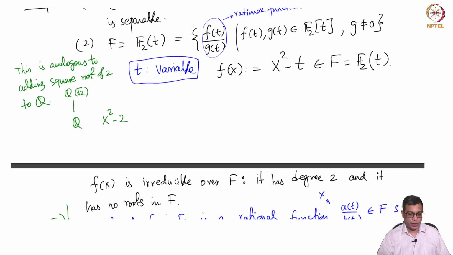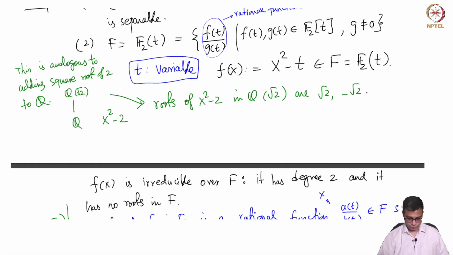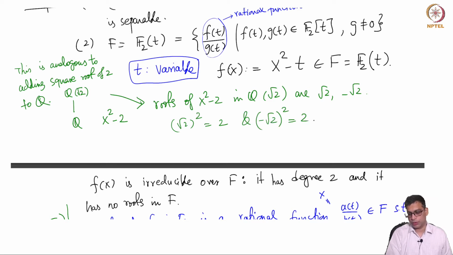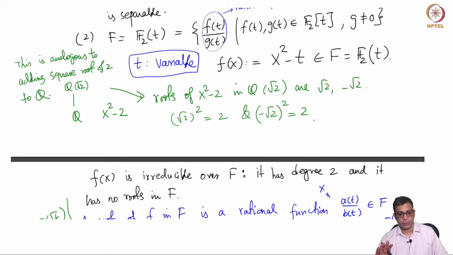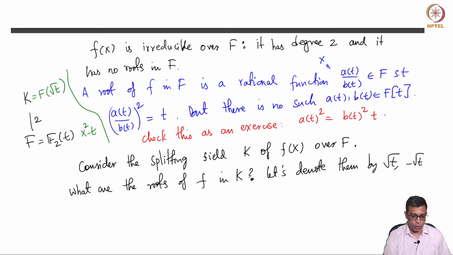Here, for example, roots of x square minus 2 in Q(root 2) are root 2 and minus root 2, because root 2 square is 2 and minus root 2 square is 2. So they are the two roots. Remember, a polynomial over a field can have at most as many roots as the degree. So here the degree is 2 and there are two roots. Here also the degree is 2 and there will be at most two roots.